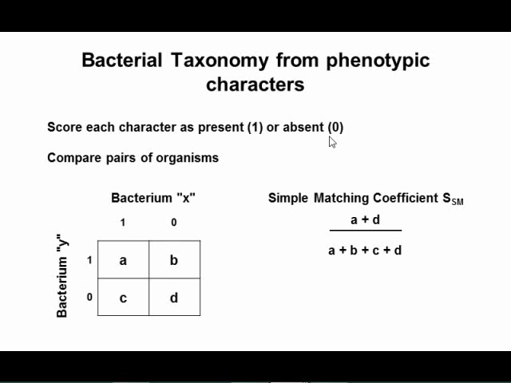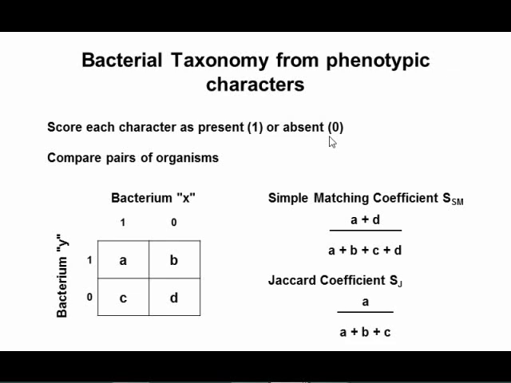One of the things here is when you count characters that are absent from both taxons as having equal weight to when the character is present, this is poor practice phylogenetically, because lacking something is not really positive evidence of a very close phylogenetic relationship. So this is probably not a good idea to use this simple matching coefficient.